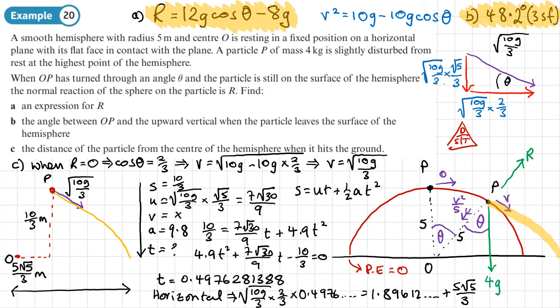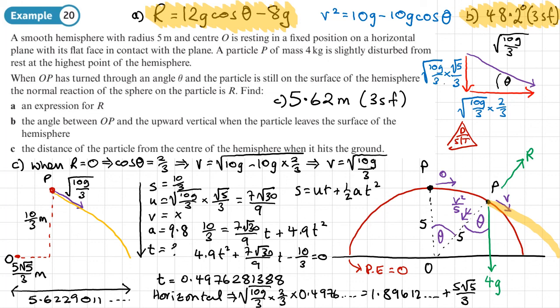And if we do that on our calculators, I get 5.6222901 and so on. I want to give an answer to 3 significant figures, so I'll just put my answer for part C here. So we'll go 5.62 meters, and that's 3 significant figures. So we'll just highlight that final answer.